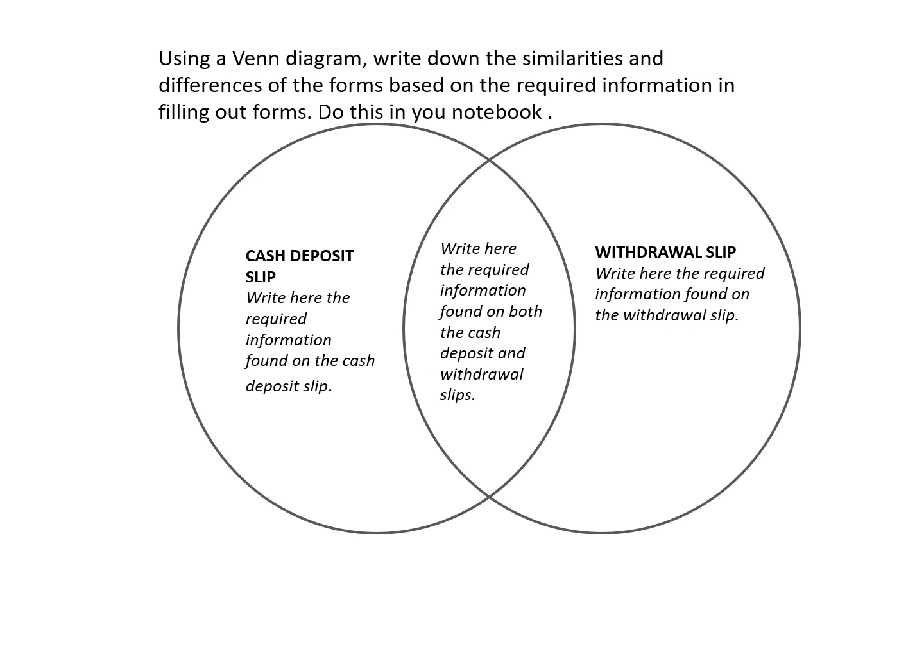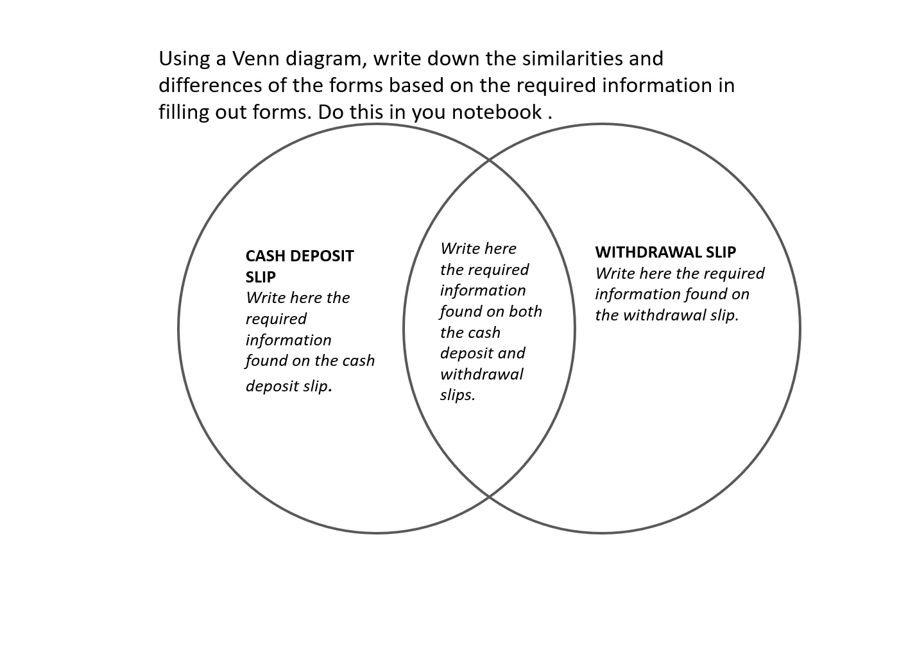Okay, so the first one, we have the cash deposit slip. And then on the other side, we have the withdrawal slip. Okay, so what are you going to do? In the cash deposit slip, write here the required information found on the cash deposit slip.